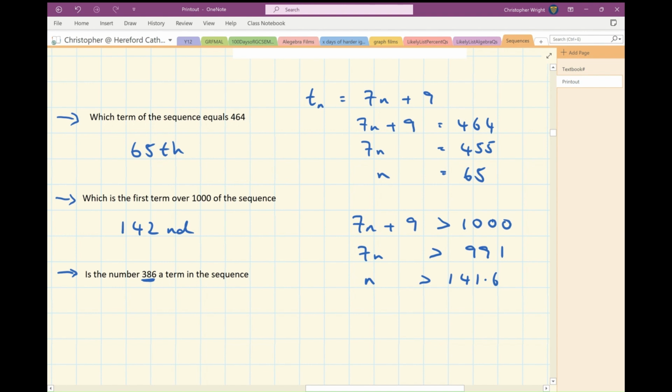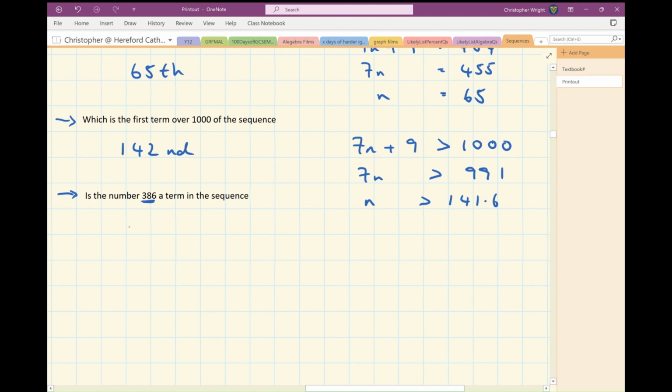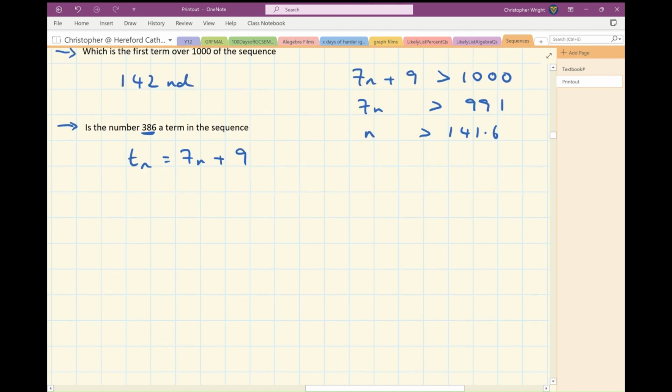Lastly, how do I use my formula for the nth term, Tn equals 7n plus 9, to ascertain whether or not 386 is a member of my sequence? Well, I'm going to see what value of n would give me an answer of 386. So let's try and solve 7n plus 9 equals 386. Well, in that case, 7n would have to be 386 minus 9, 377, and n would have to be, I wonder if it's going to be a whole number.